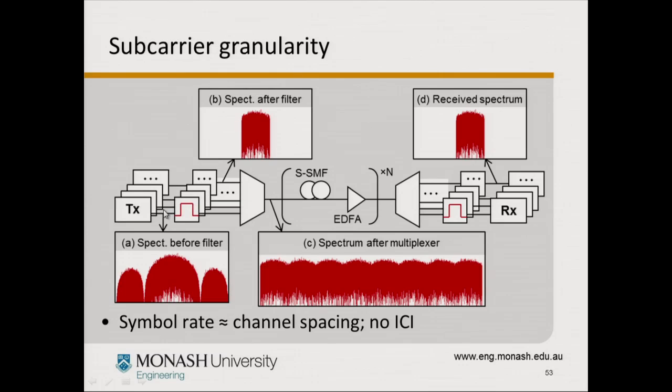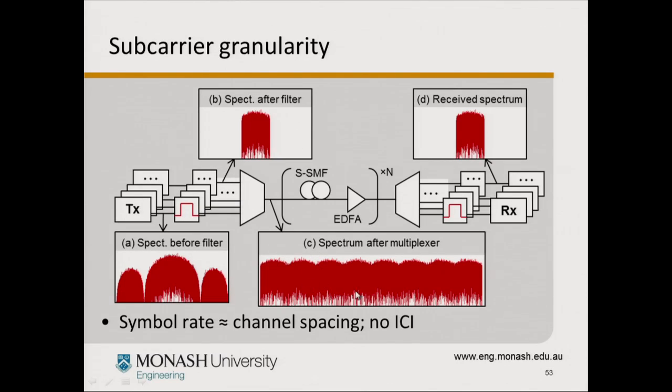So in this particular case, I've just put the transmitters next to each other, and I've made the symbol rate equal to the subcarrier spacing. So this effectively uses Nyquist pulsing and has zero gap.